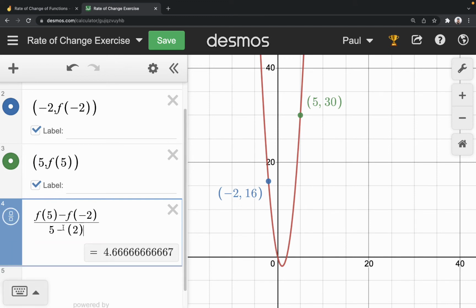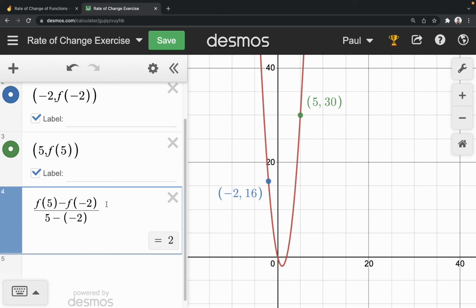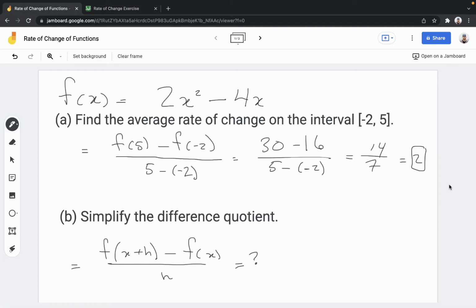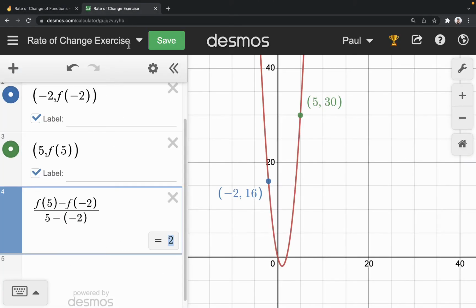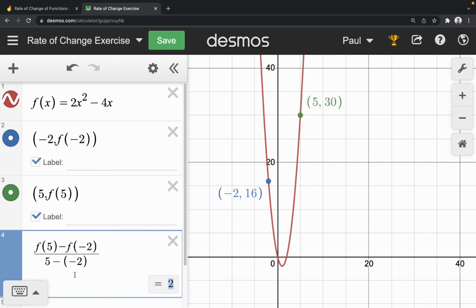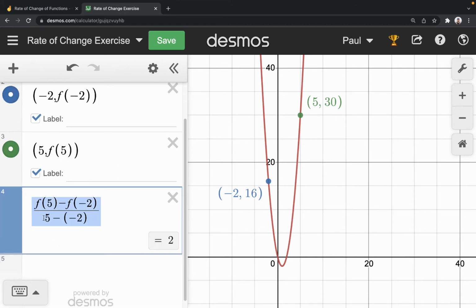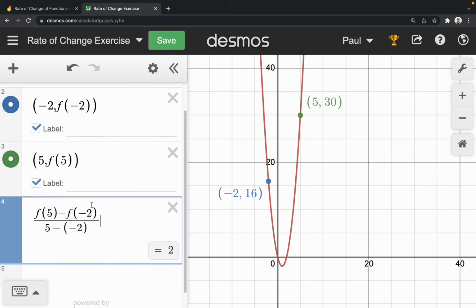And now I've got, forgot my negative, I've got my simplified difference quotient right there, and that matches my work on paper. So that's a quick way to do it. Like I said, I want you to understand how the structure looks so we can see it's just change in y, 14, divided by change in x, 7, to get the 2.